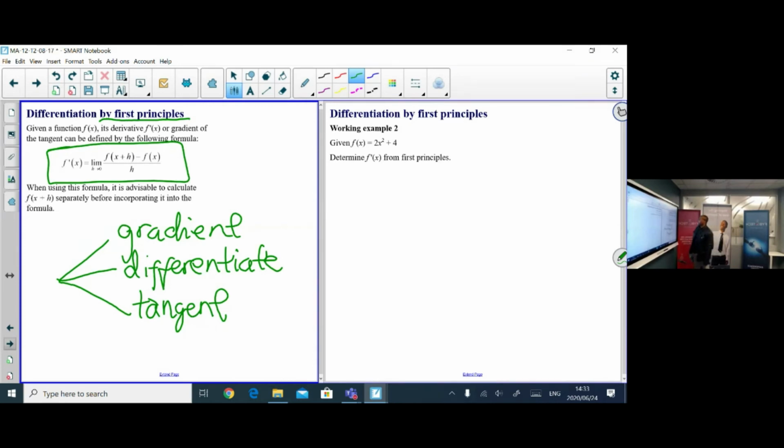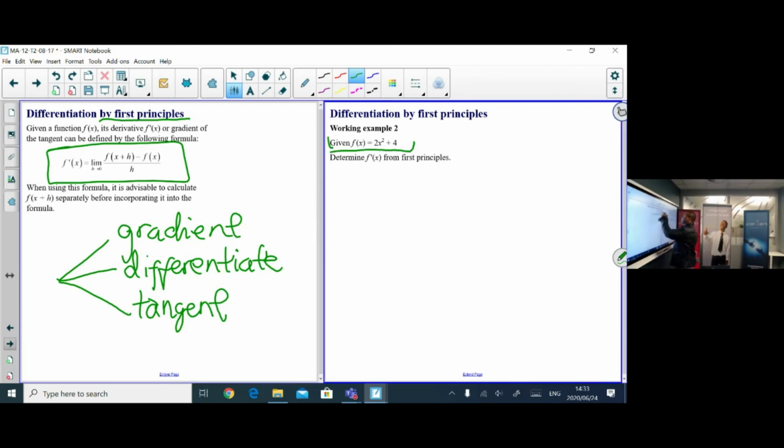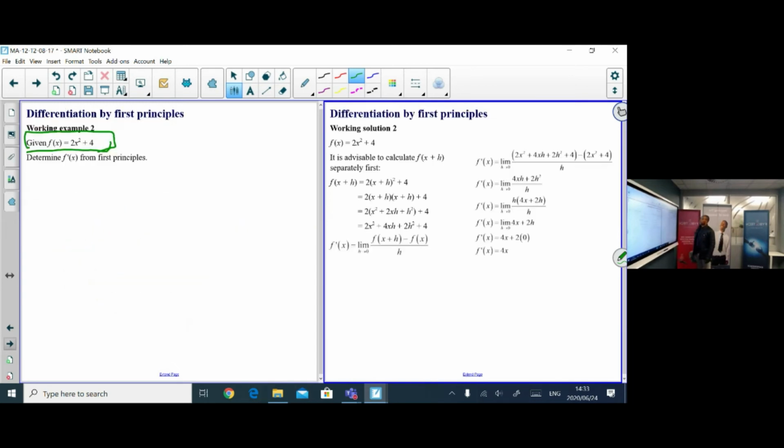Okay. And then if we are to work this one from first principles, how are we going to do that? We can do this by simply employing the same formula that we had.